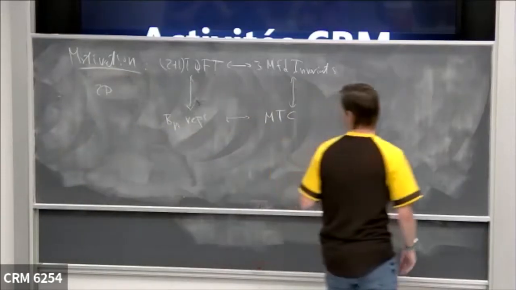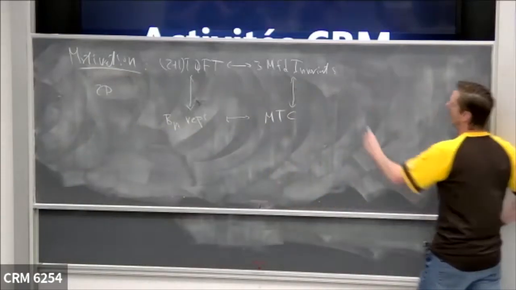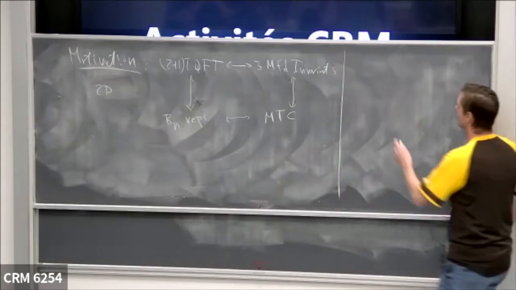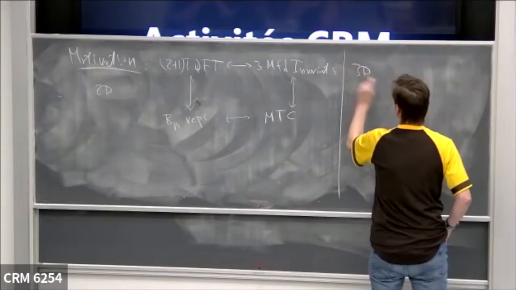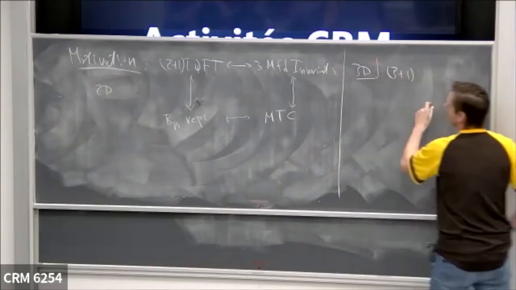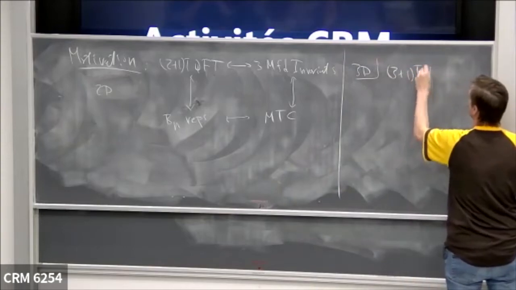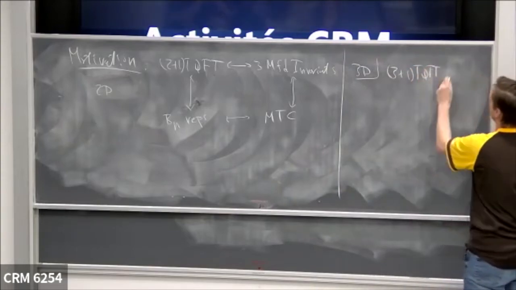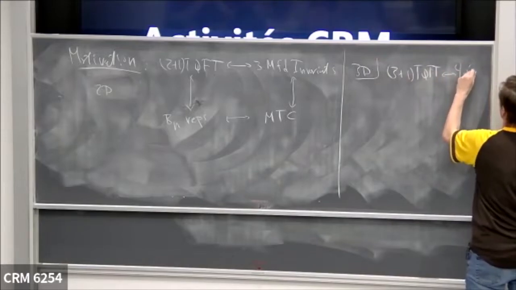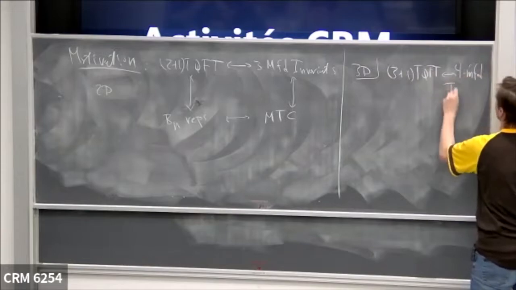And I'm interested in what happens if we change to 3 dimensions. So in 3D, right? Well, you start adding numbers. So TQFT, and over here, maybe 4-manifold invariants.